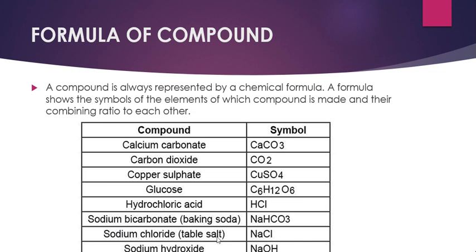Sodium chloride, table salt, common salt, okay? Sodium chloride, NaCl. Na is the symbol for sodium and Cl is the symbol for chlorine. So sodium chloride is made up of 2 elements. Sodium hydroxide, NaOH. Na shows sodium, O for oxygen and H for hydrogen. Is it clear? I hope you are getting it.